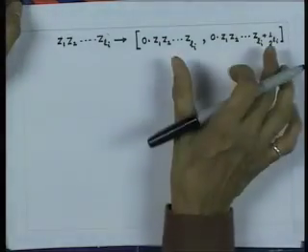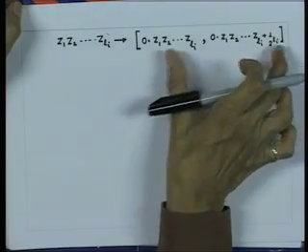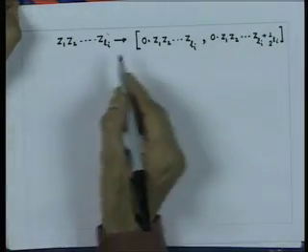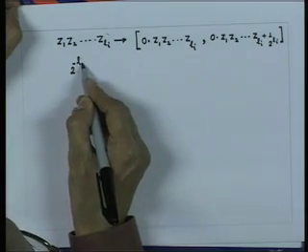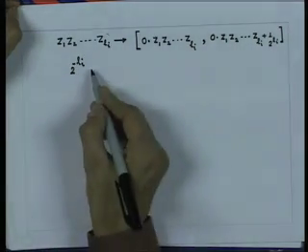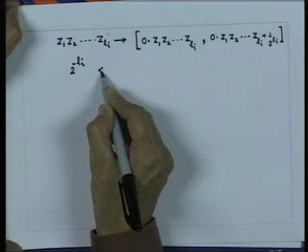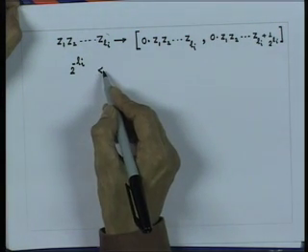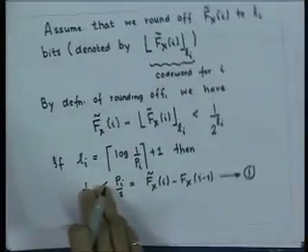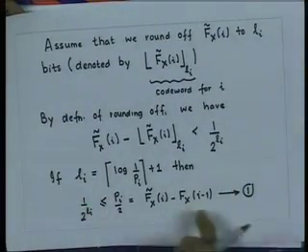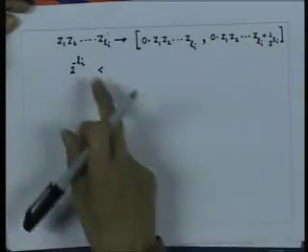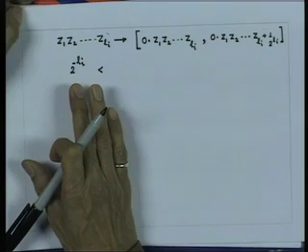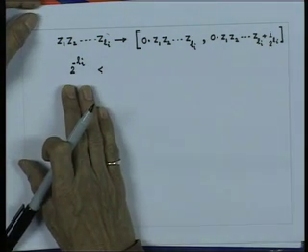Now the interval corresponding to any code word has a length 2 raised to minus Li, which we have shown is less than half the height of the step corresponding to I by equation 1.